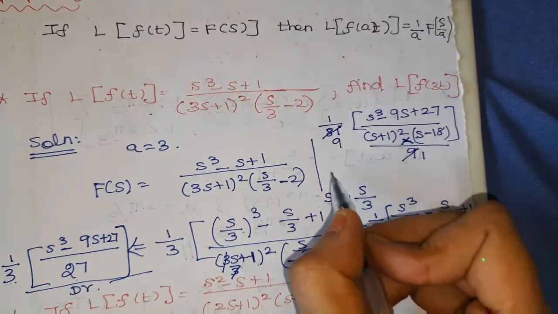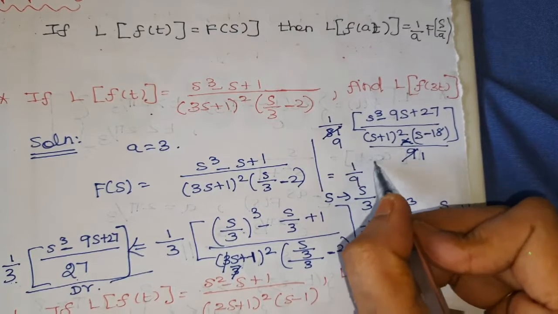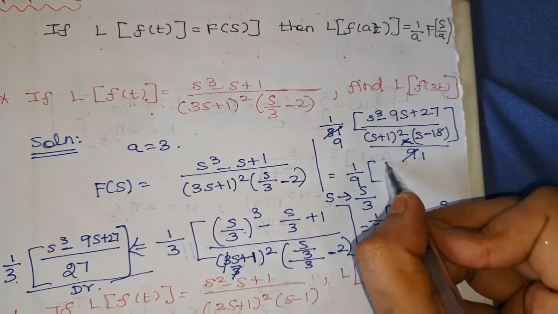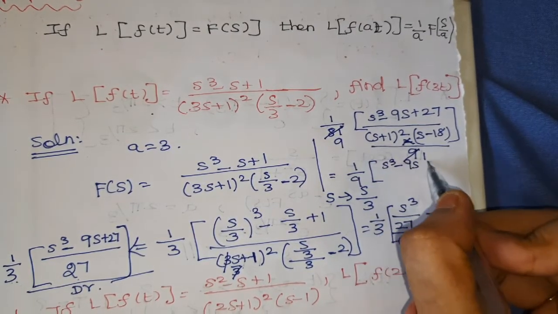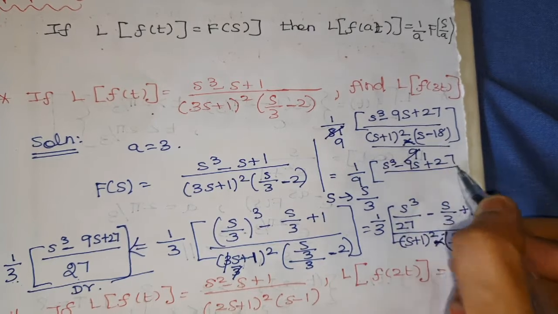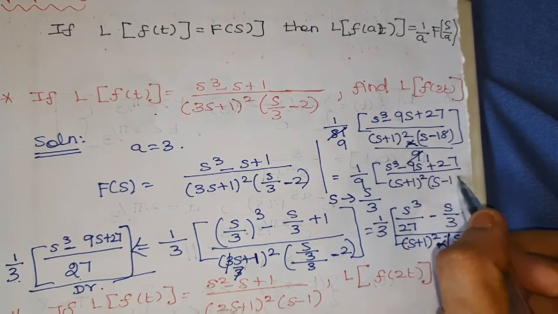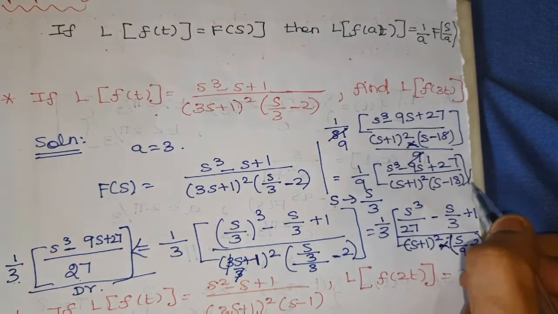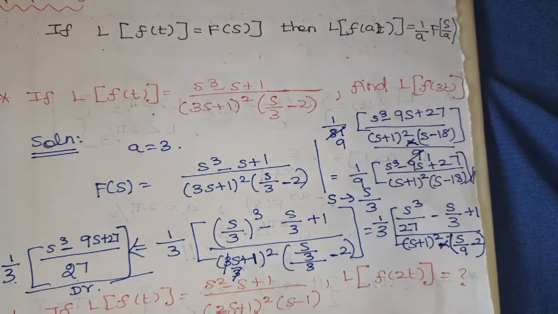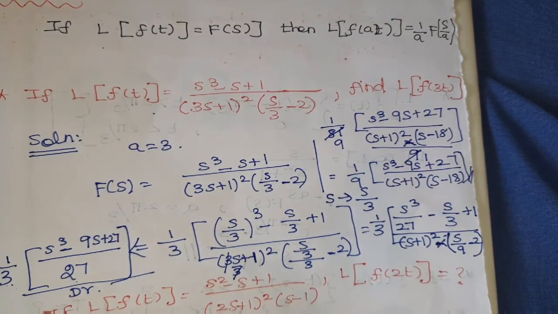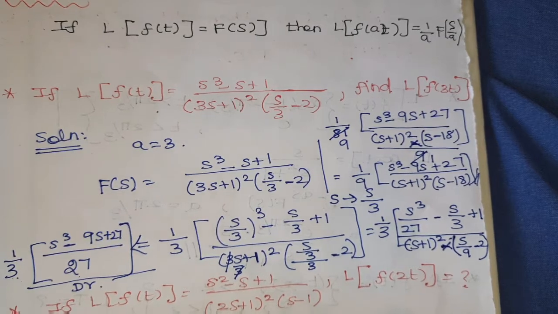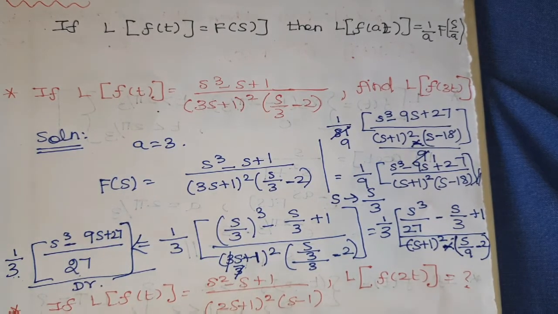So 1/9 times (s³ − 9s + 27) divided by (s + 1)² times (s − 18). Depending upon the answer given in the options, we can simplify further when doing exams.